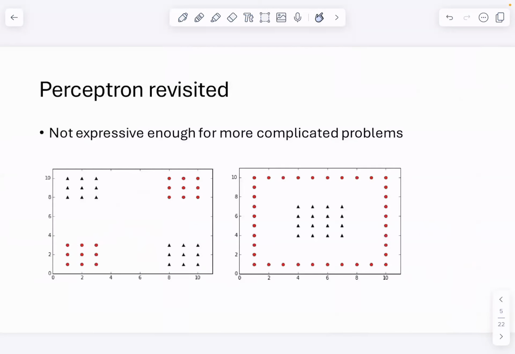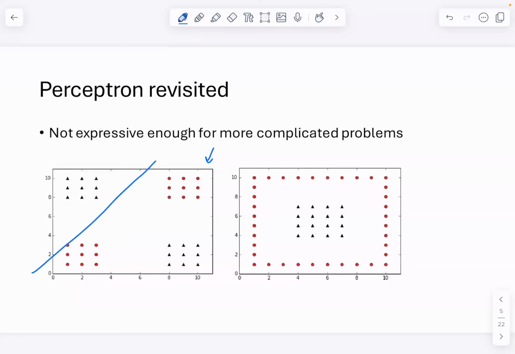The perceptron is a very simple algorithm, basically a linear classifier, right? So it has its limitations. It is simply not expressive enough for complicated problems. For example, in this problem, it is not possible to use a perceptron to perfectly separate these two clusters, because a perceptron is basically a linear line.